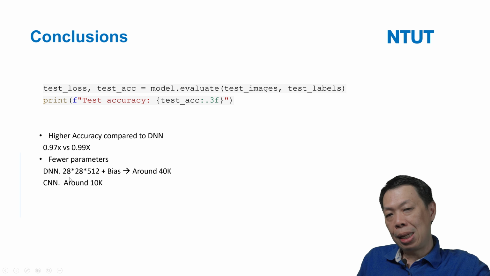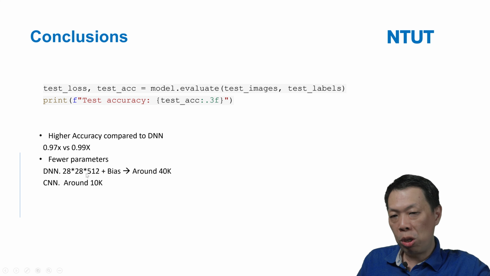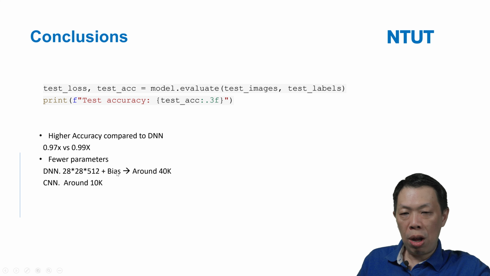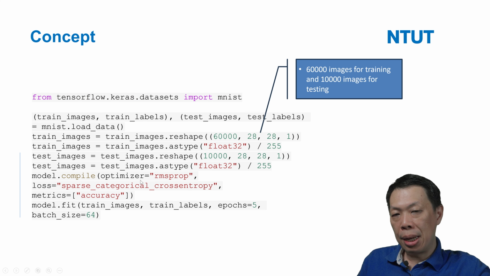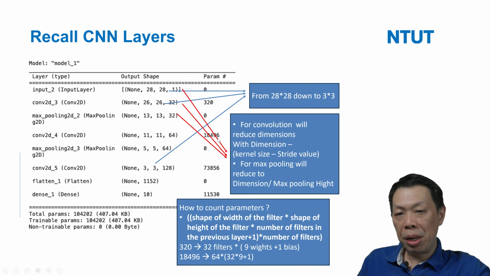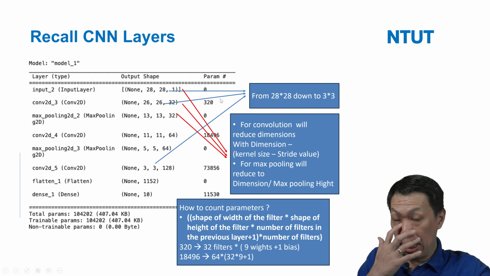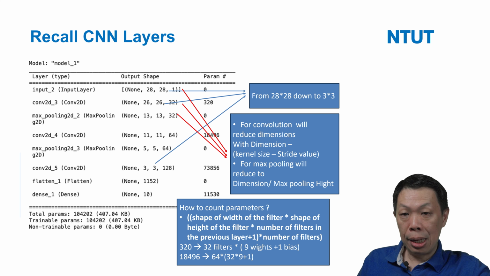So we can see a comparison using a DNN with just one layer. We used 512 nodes in the hidden layer, so the parameters, plus bias and other parameters, you multiply 28 by 28 by 512, which should be around 400K. But for the CNN, if you make a summation of the parameters, it's around 10K.